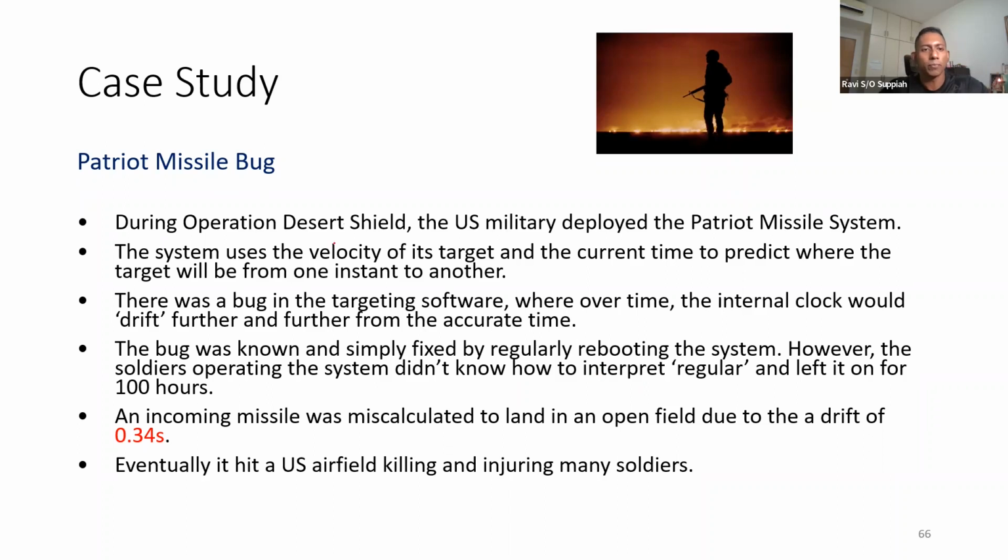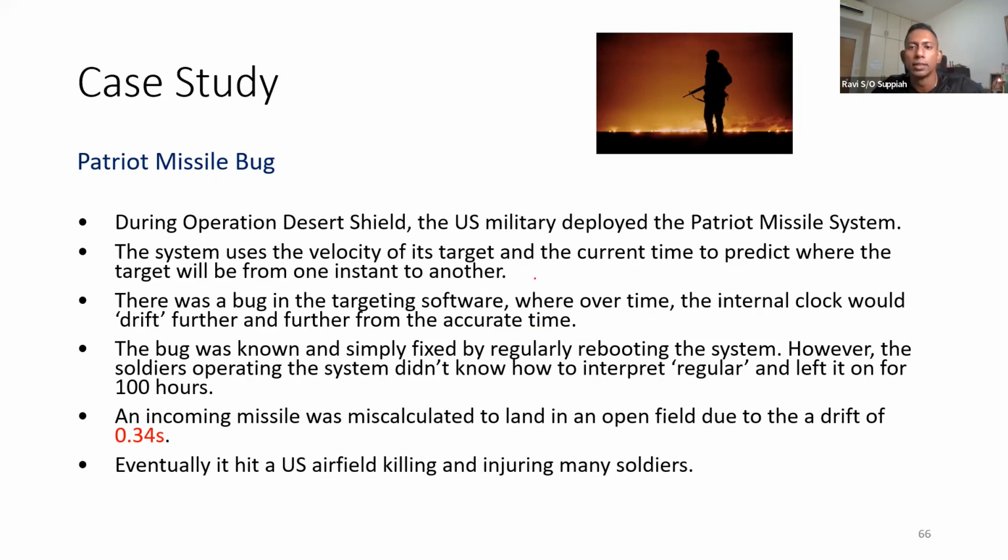All right. So in this classic case, what happened was Operation Desert Shield, where the US deployed the Patriot missile system. Basically what it does is it uses the velocity of its target and the current time to predict where the missile will land.